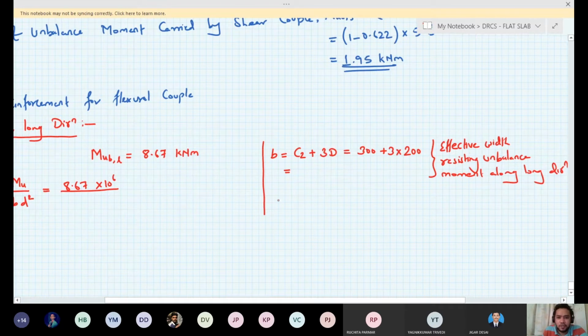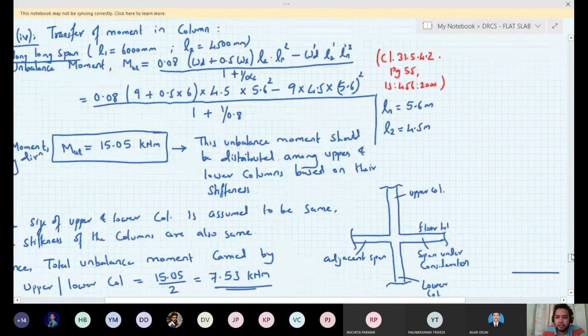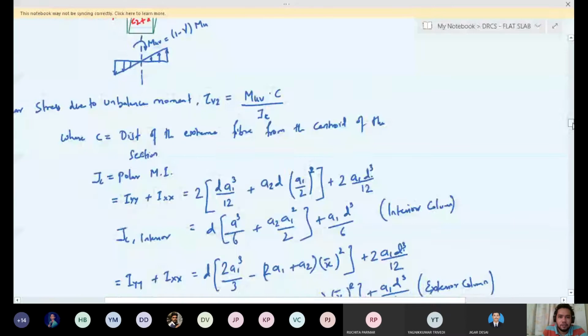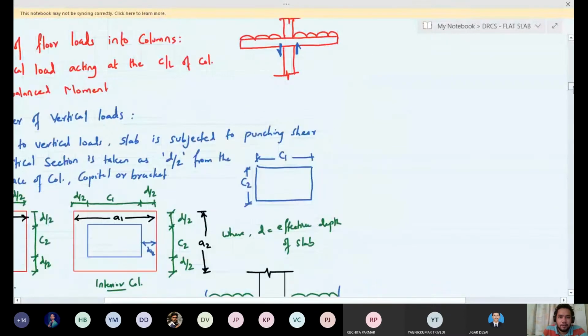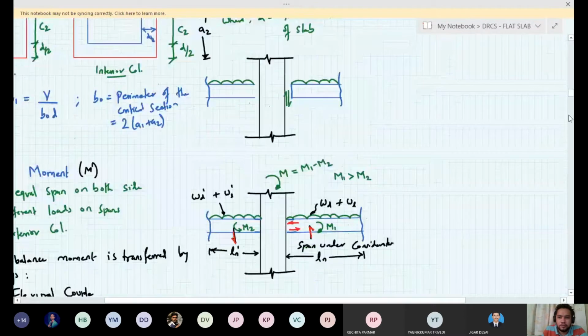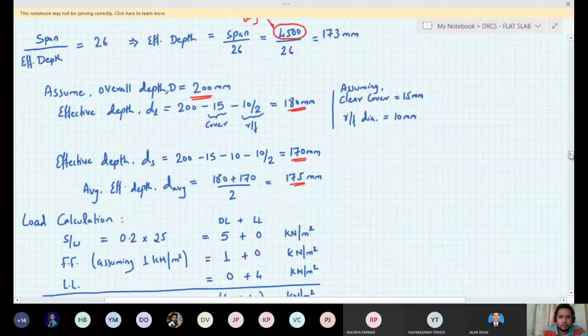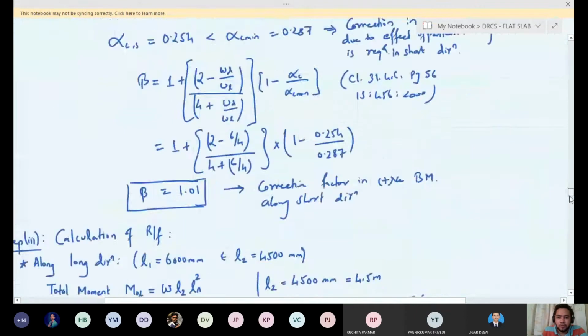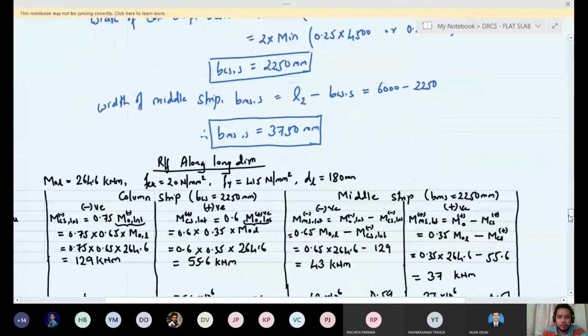The second thing is d, and if you remember, the d along the long direction is 180. This is the effective depth along the long direction. Or you can take the value from here also; see, we have used 180, the same value.